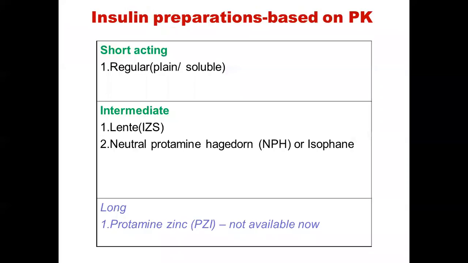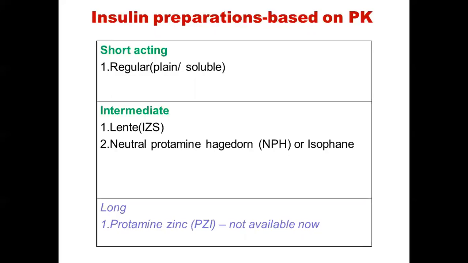Now, based on the pharmacokinetics, that is onset of action, the peaking of the action, and the duration, we have got three types. The short-acting insulin, which includes regular insulin, otherwise called the plain insulin or the soluble insulin, but we often refer to it as the regular insulin. Then you have the intermediate insulin.